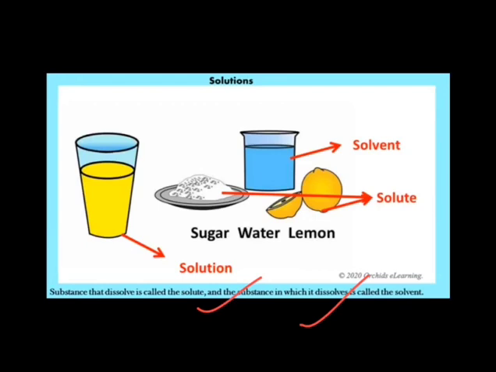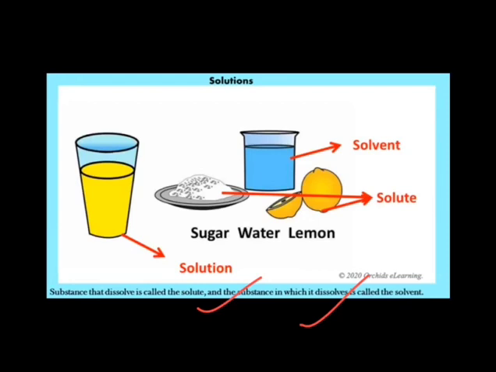So what I have to do is mix the sugar and lemon in this glass of water, and we have to mix it properly. And after mixing, if the lemon and the sugar dissolve completely in the water, we get a solution.